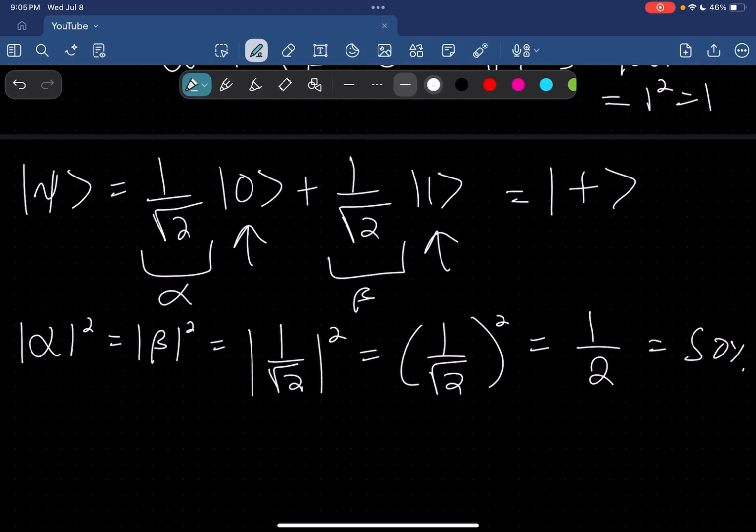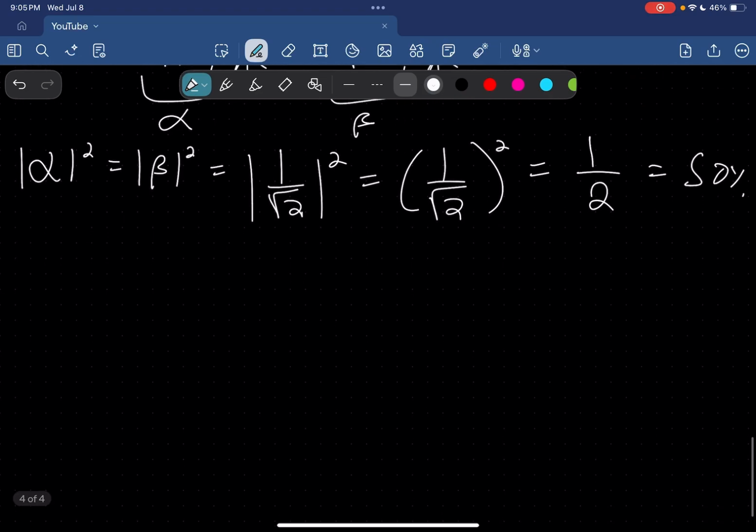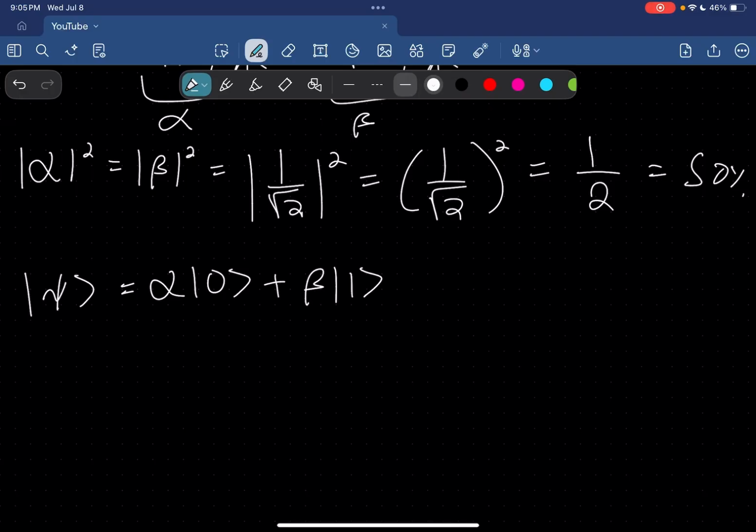And so now let's see how we can geometrically visualize the state of a qubit and make it more intuitive. So again, we start with our default equation, right? And so we know that alpha and beta are both just complex numbers, so we're going to write them in terms of their imaginary and real terms.